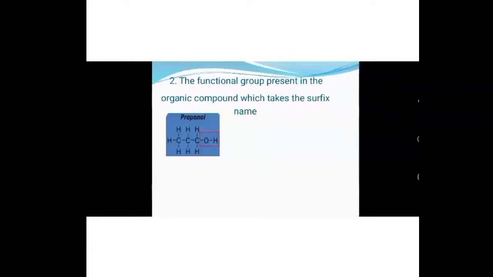If you look at this compound, you can see that we have 3 carbons in the longest carbon chain. From the naming of an organic compound, 3 is prop. And taking the suffix of an alkanol, it takes the -ol suffix. That's why we have propanol.